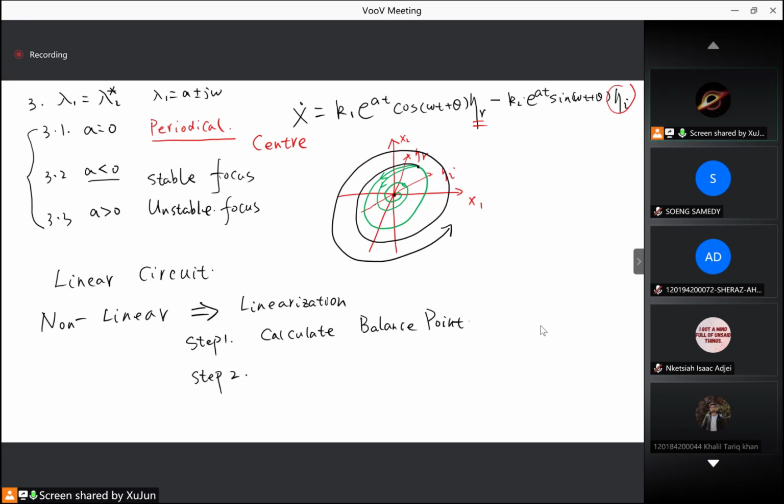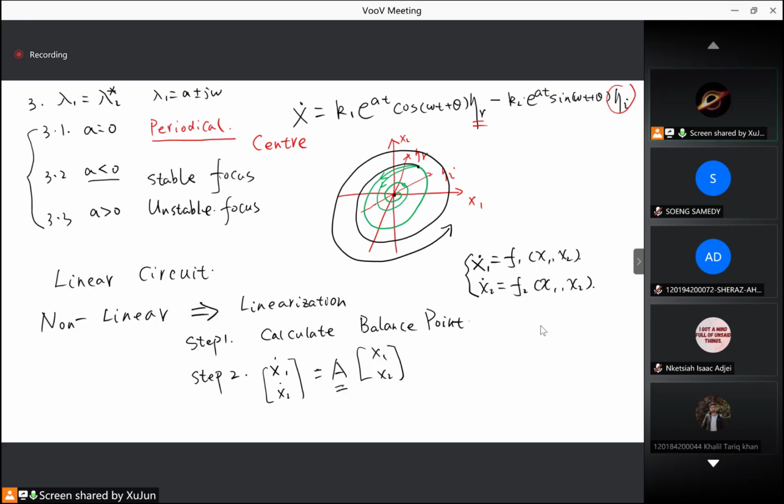At every balance point, we can get the matrix A. For example, if the system is x1 derivative equal to f1(x1, x2) and x2 derivative equal to f2(x1, x2), this is a nonlinear circuit. Step 2 is we change this nonlinear circuit to A times (x1, x2).